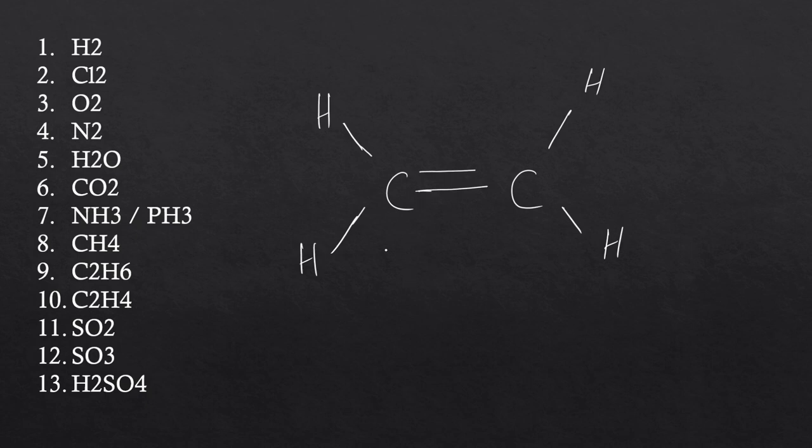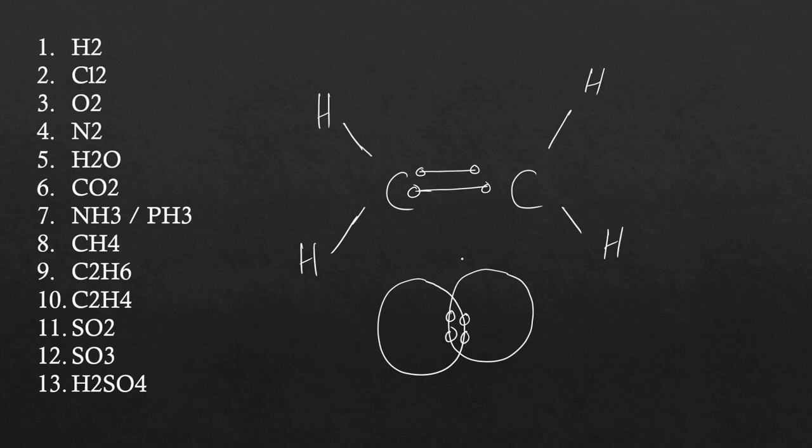So how to draw the dot and cross structure? First carbon, and another carbon. So there are 4 electrons, 1, 2, 3, 4. Each carbon is sharing 2 electrons. This carbon is sharing these 2 electrons, and this carbon is sharing these 2 electrons. Okay.